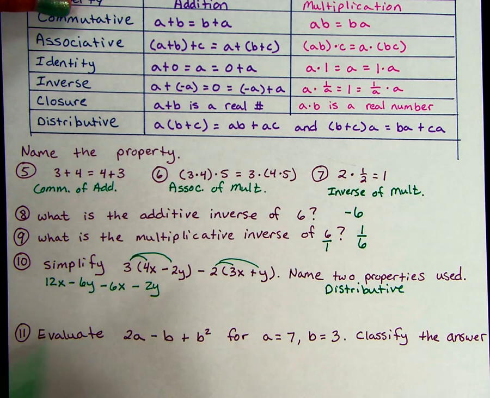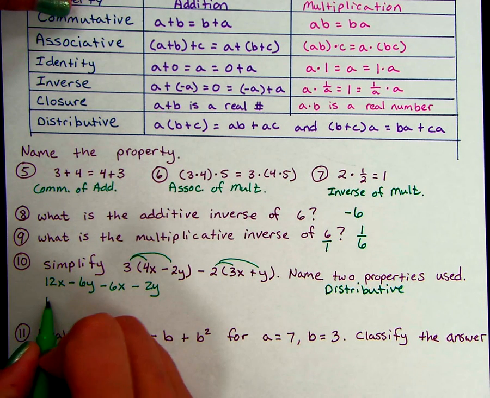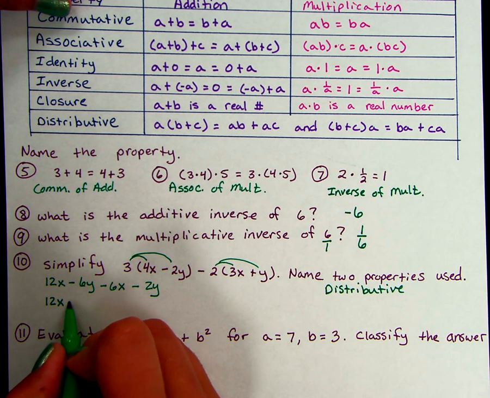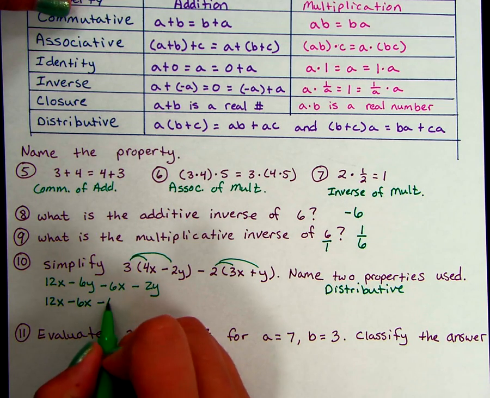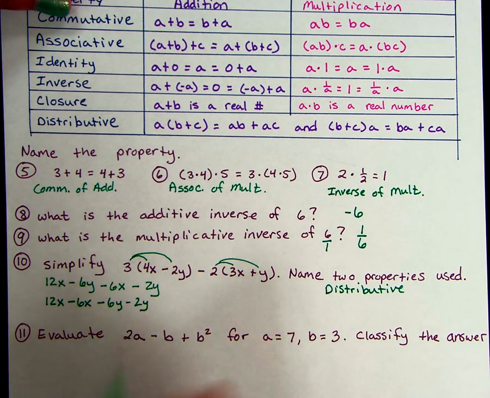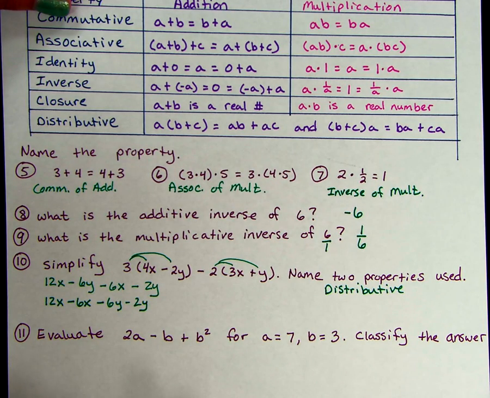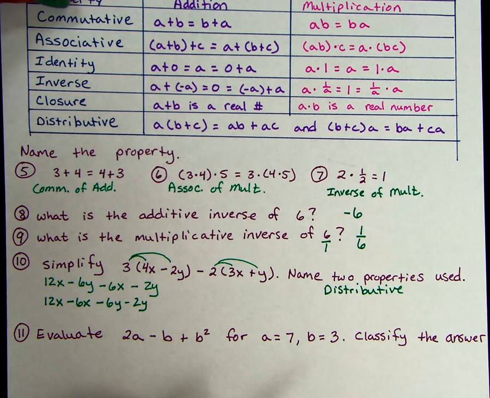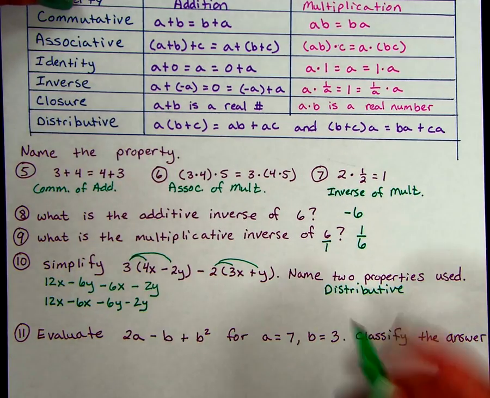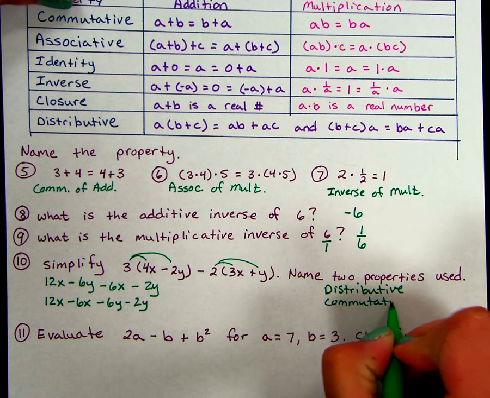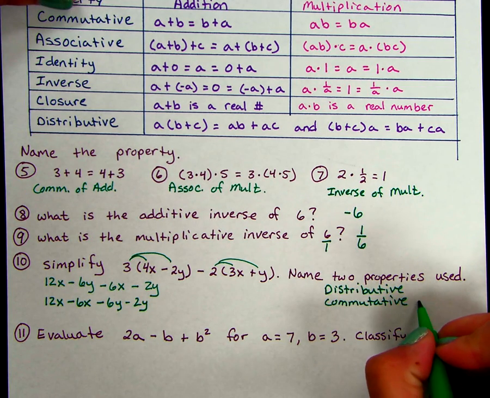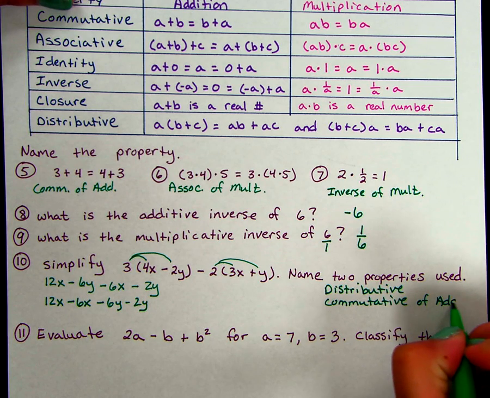So I'm saying that this problem right here is really the same as 12x minus 6x, so I'm putting my x's next to each other, and minus 6y minus 2y. So by rearranging, and most of the time we just do this in our heads, we don't even realize it, we're actually applying our commutative property. And that would be of addition.